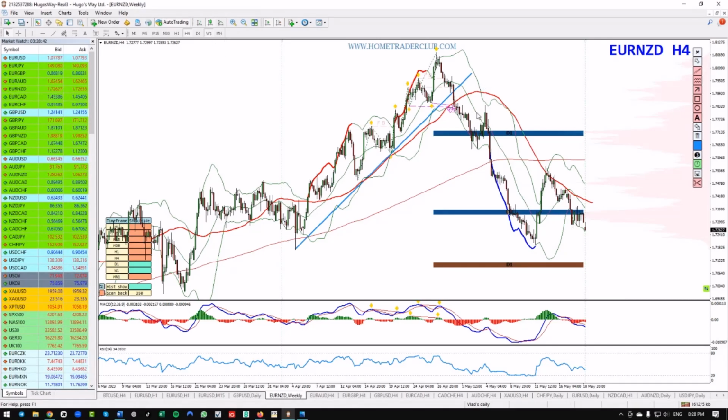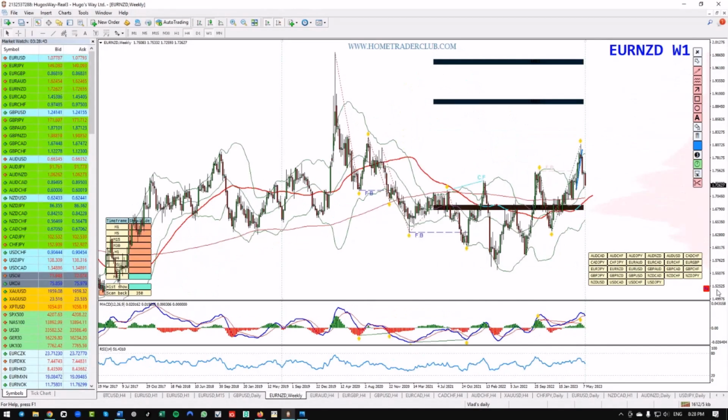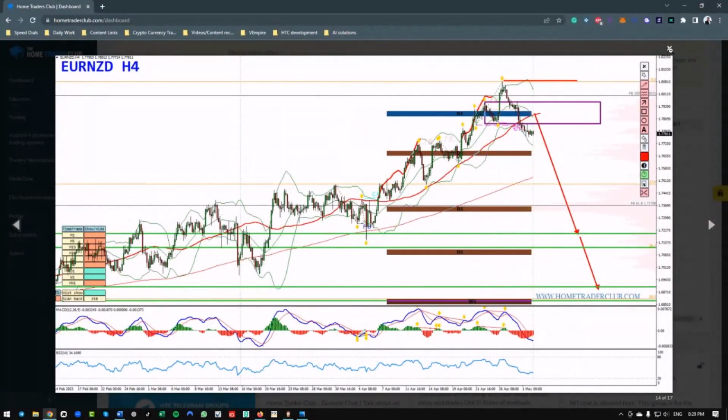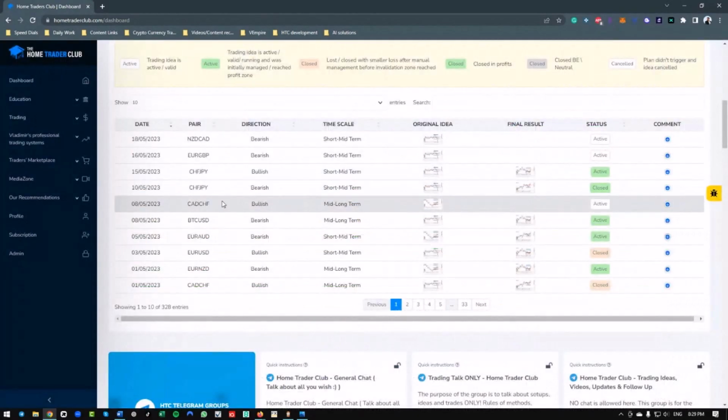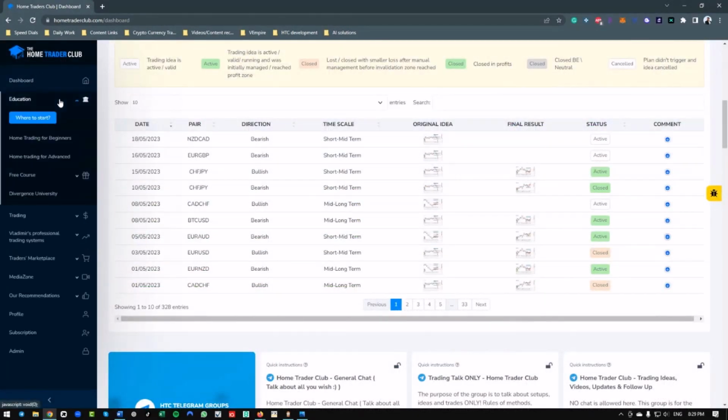So step number 1, identify a key level. If I go to the weekly chart, I want to quickly give you a basic explanation. Of course, if you want to dig much deeper and understand all the terms and the price action, and how I implement all my multi-time frame synchronization trading strategy, you can enjoy all of that right here in the Home Trader Club under the education.